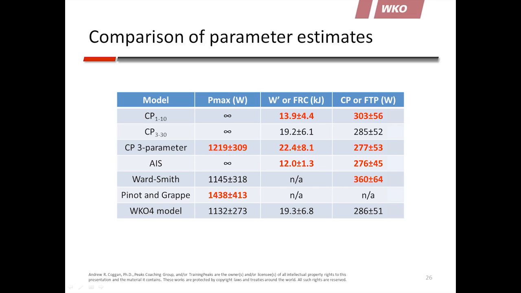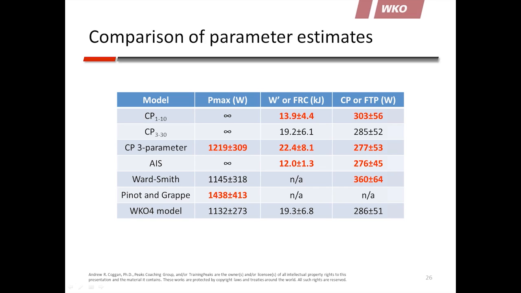If you push the time out to 3 to 30 minutes, that brings down your estimate of critical power, but it means that you're increasing the W prime value, and as a result, you end up with a number that's not significantly different from the WKO4 model. But if you then try and make the curve bend over, you end up with an even greater value here. So it's significantly different from the 4.0 model.